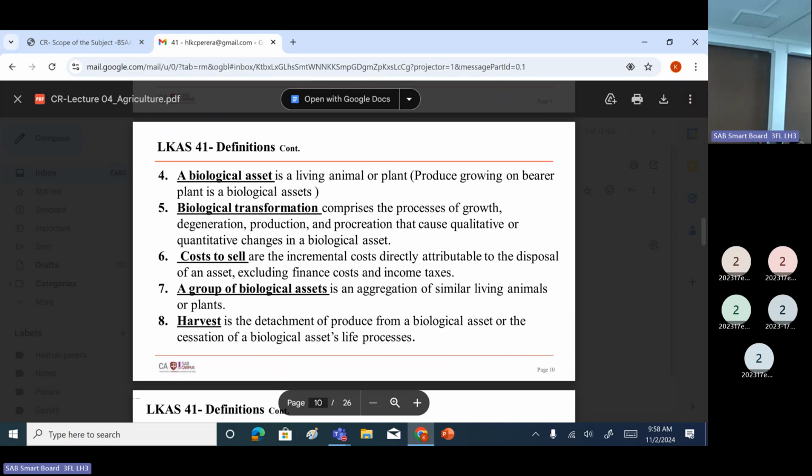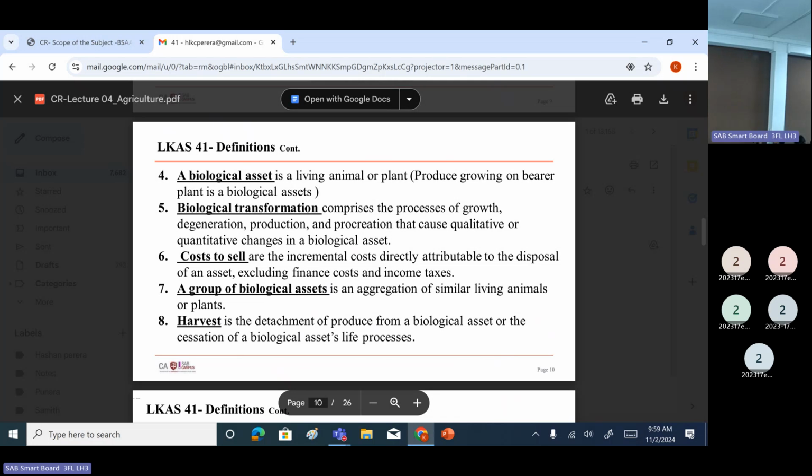At the cutoff date also we may have a transformation process. At the cutoff point, a bird may be just laying eggs. Then all the eggs laid at the cutoff point can become agricultural produce. We need to be very careful about the biological transformation.